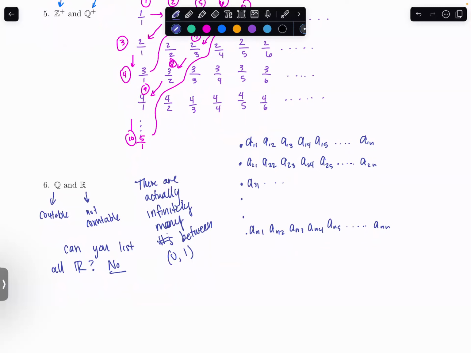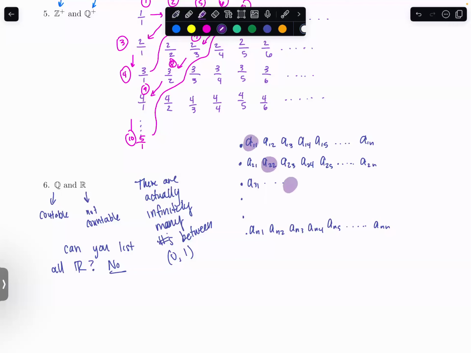All right, so what we want to do is pick off a number. These guys are diagonal entries.